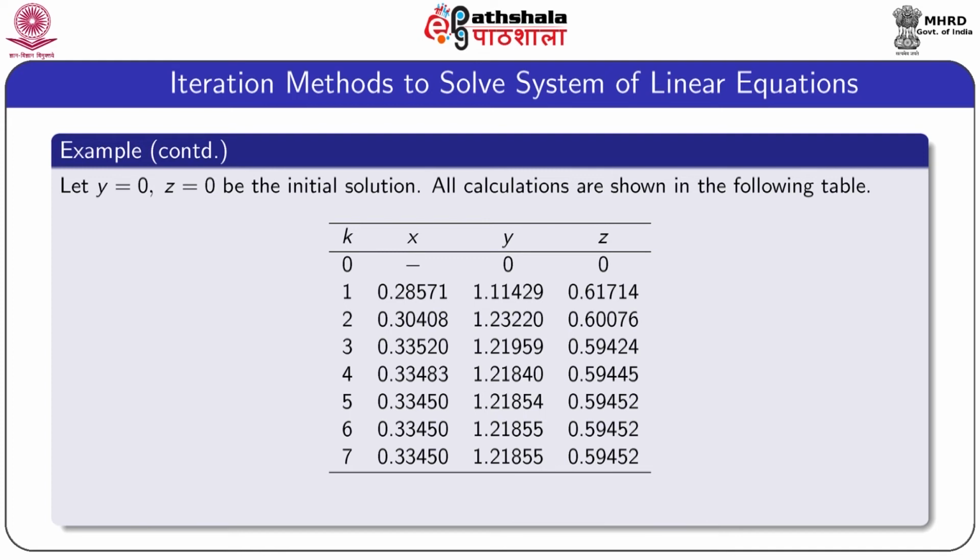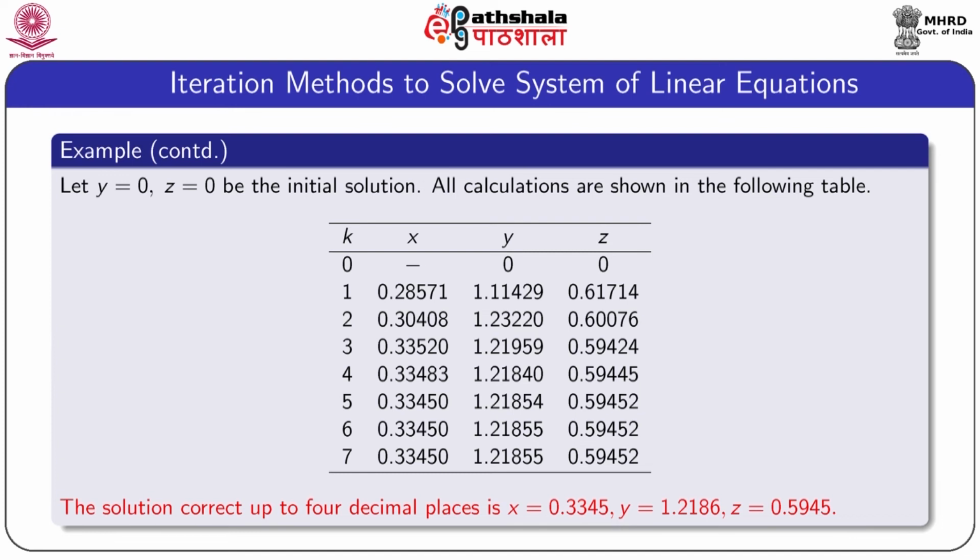This indicates that the iteration scheme converges to a root, and hence the solution of the given system of equations correct up to 4 decimal places is x equal to 0.3345, y equal to 1.2186 and z equal to 0.5945.